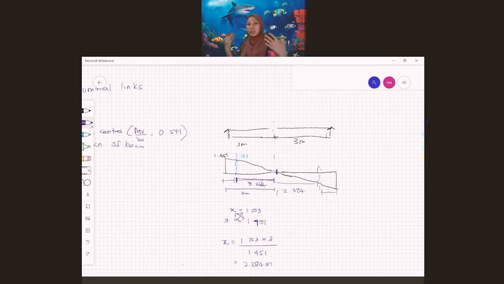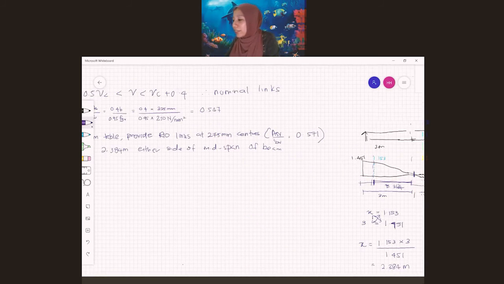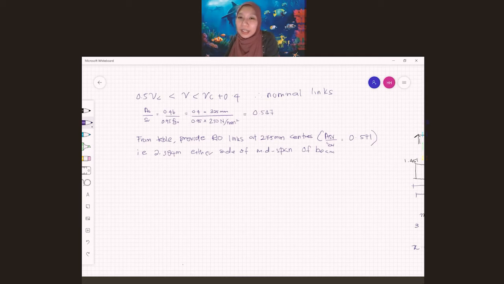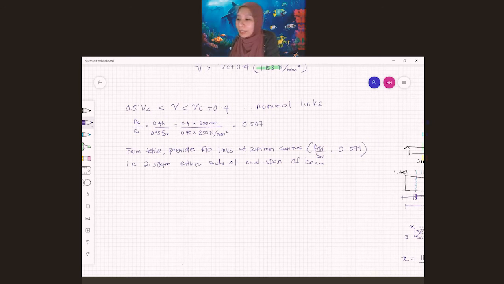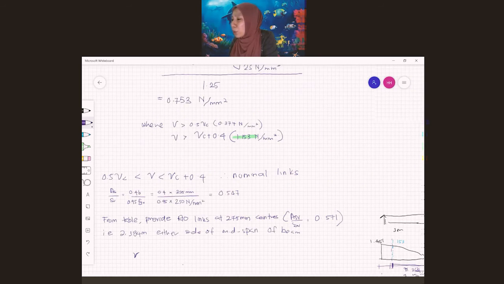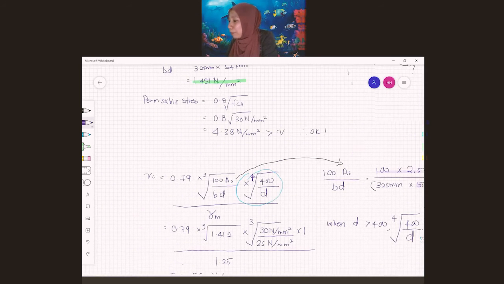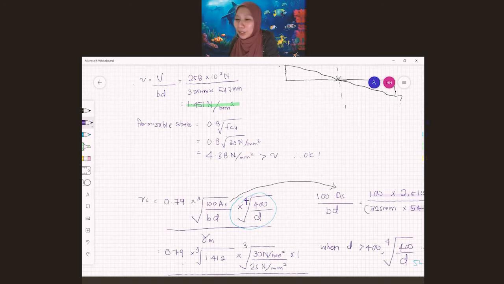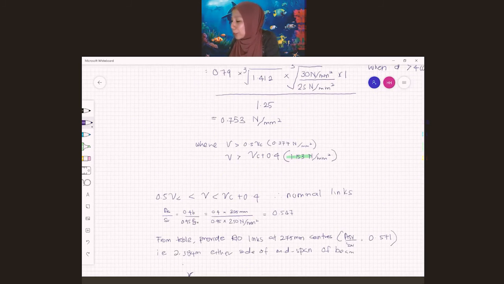Okay, so nak kira design link, kita dah siap on the nominal link. So next is we must calculate the design link. So for the design link, we know that value of V kita, shear stress at cross section, adalah 1.451.